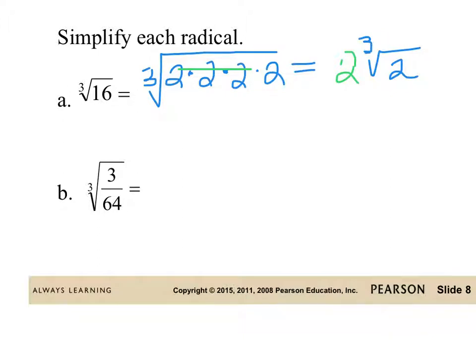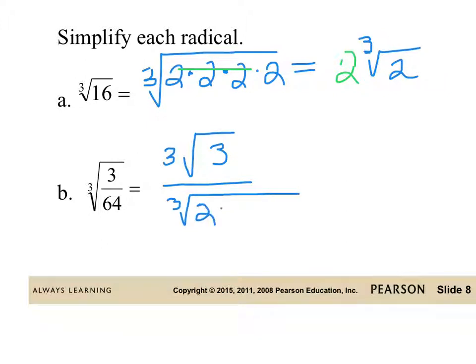And similarly, we have the cube root of 3, which does not break down, over the cube root of 64, which is 2 times 32, and 32 is 2 times 16, and 16 is 2 times 8, and 8 is 2 times 4, and 4 is 2 times 2.